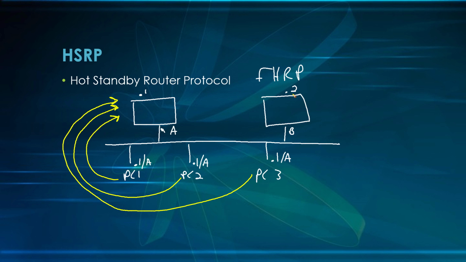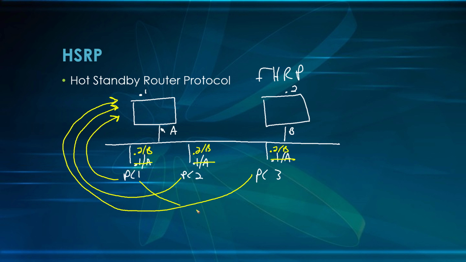Let's say it's .2. Then the PCs have to go out and learn what .2's MAC address is. So now we've gone to .2/B, .2/B, .2/B. You get the point here. They all have it now, and this guy here, .1/A, is no longer being used. Now everybody's using .2/B. Okay, that works, right?